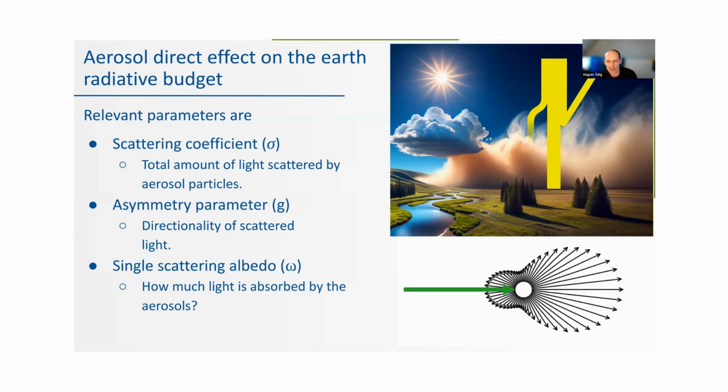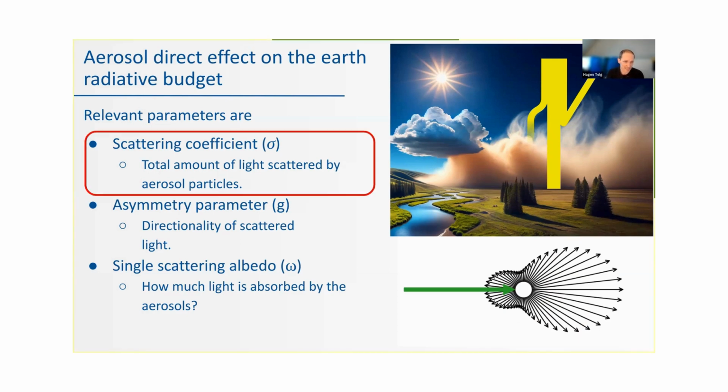Then the asymmetry parameter, which is more describing the directionality, which is nicely seen here, and which of course then will help us understand how much is scattered forward and reaching the ground, or how much is getting back into space. And then the last property is the single scattering albedo, which describes the absorption of the aerosol particles. But today I will only focus on one, which is the scattering coefficient. So I will ignore all the other ones.